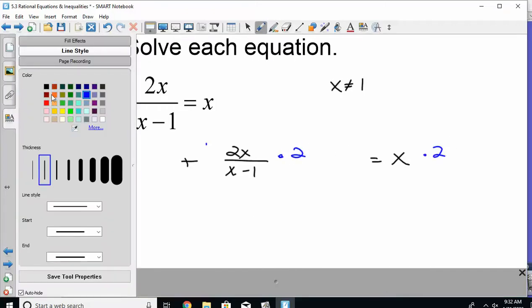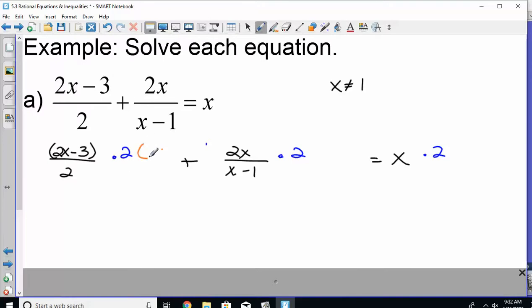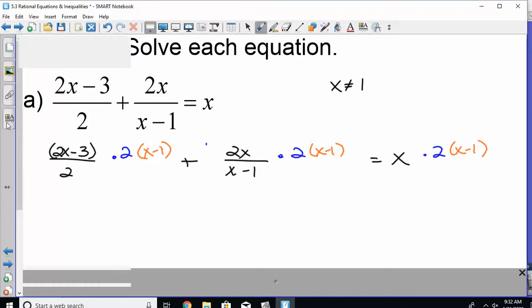And we also have to multiply by x minus 1. So I'm taking every single term times the 2 and the x minus 1. You have to do it to everything to keep it balanced.